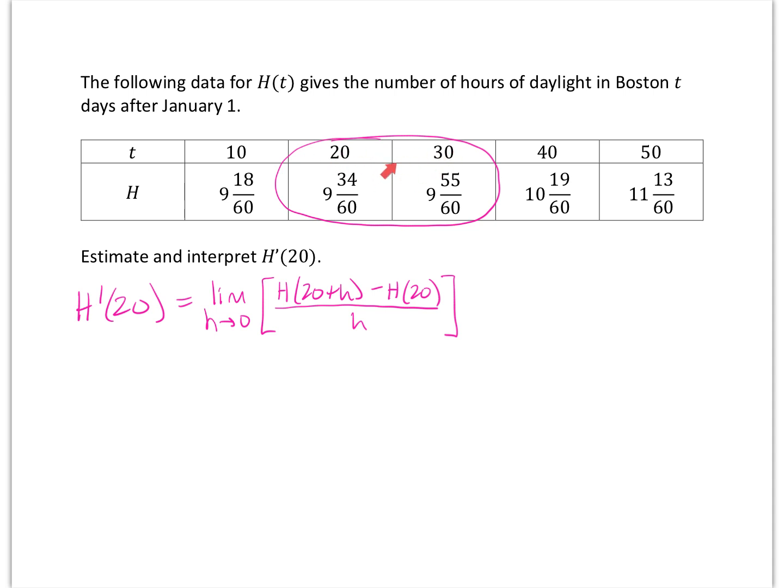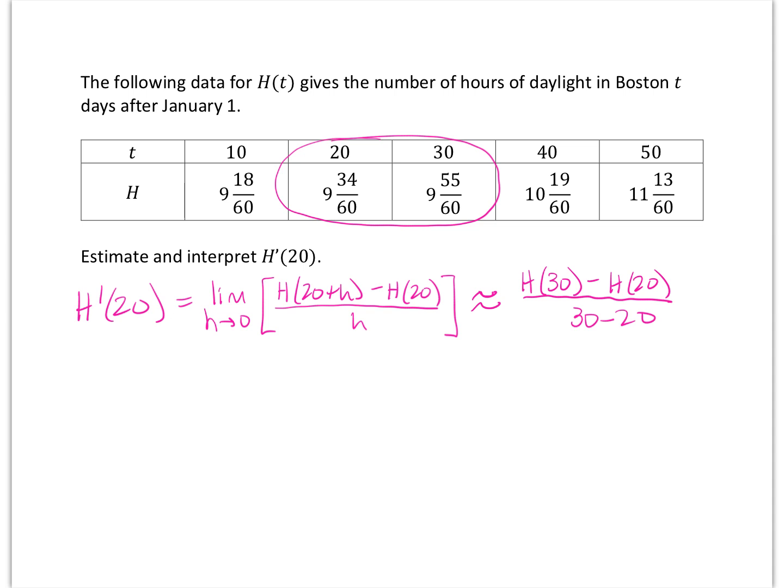I can't make a smaller interval, so I'm going to have to use this interval of 10 to estimate my instantaneous rate of change. So this is going to be approximately equal to, I'm not going to write the limit anymore, just the average rate of change: h of 30 minus h of 20 over 30 minus 20, which is 10.